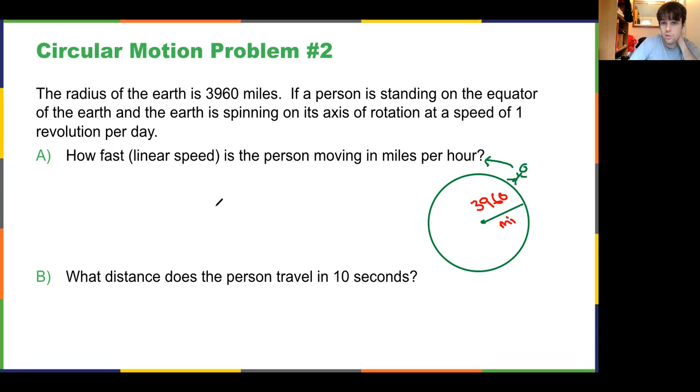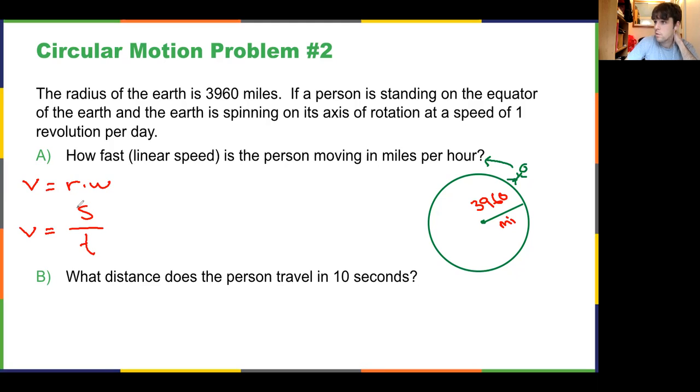All right, so that's linear speed, that is v. There's a couple ways we can calculate v. We can calculate it in terms of knowing the radius and angular speed, which is a possibility here. We can also calculate it in terms of knowing the arc length, the distance that a person is traveling in this case per a unit of time.